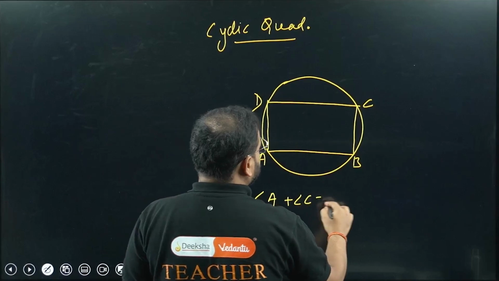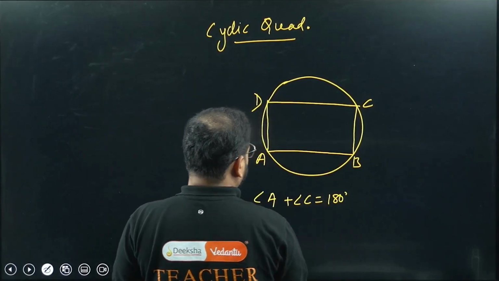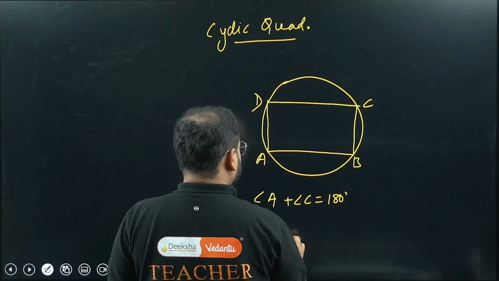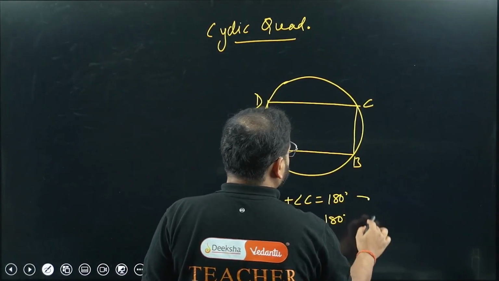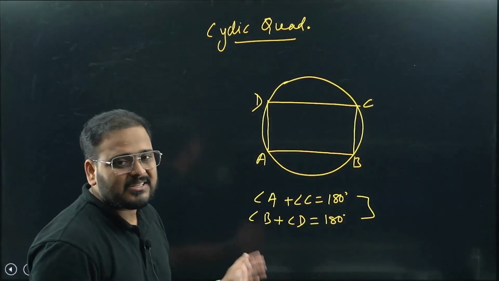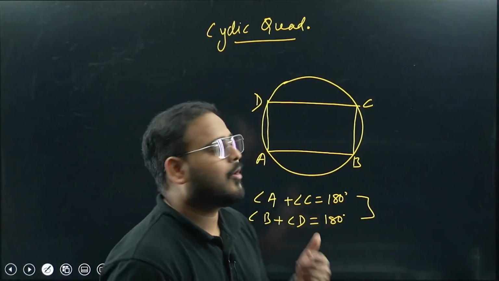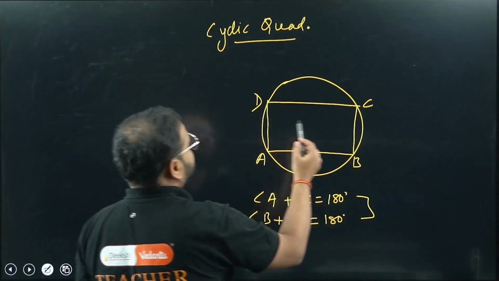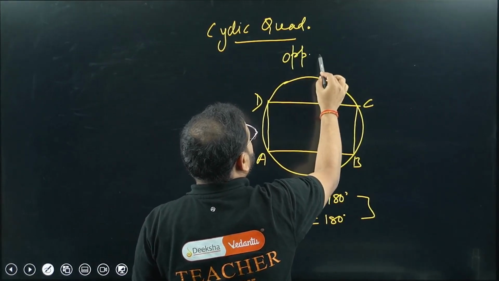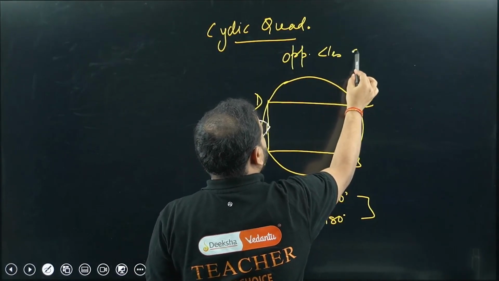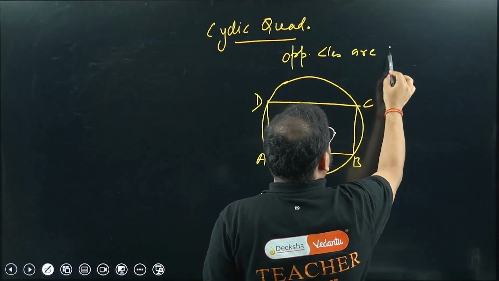Angle A plus angle C is 180, and so is angle B plus angle D, 180 degrees. So this is the property. Opposite angles are supplementary.